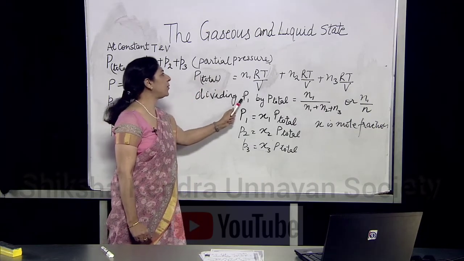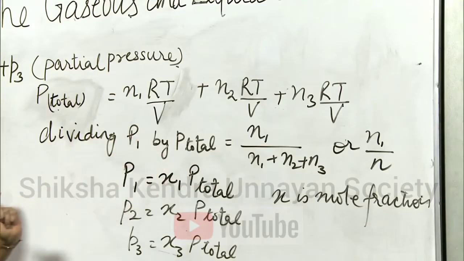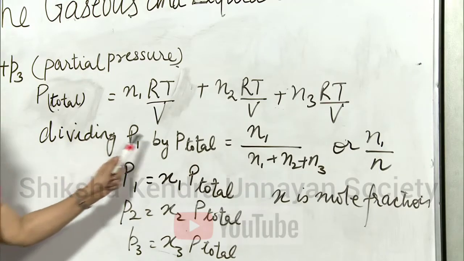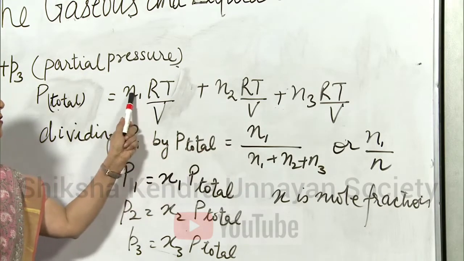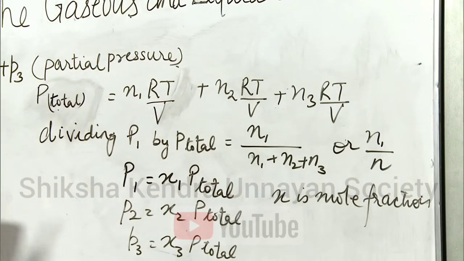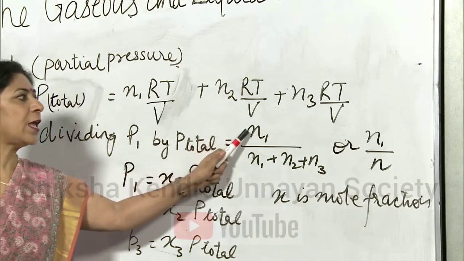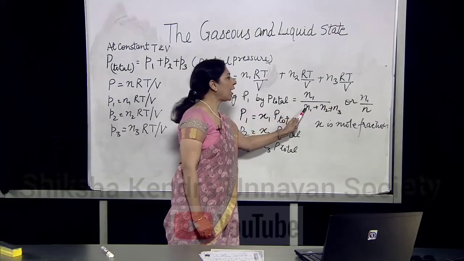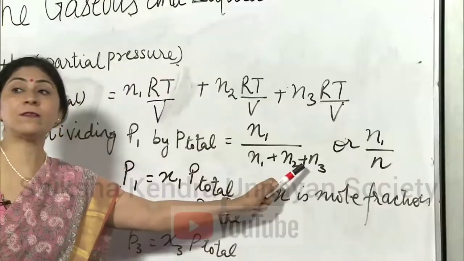Let's divide this P1 by total pressure. So what are we going to get? As you know that N1 is there, RT upon V, and for this also RT upon V will get cancelled because the values are same. So what we will get is N1 upon N1 plus N2 plus N3.